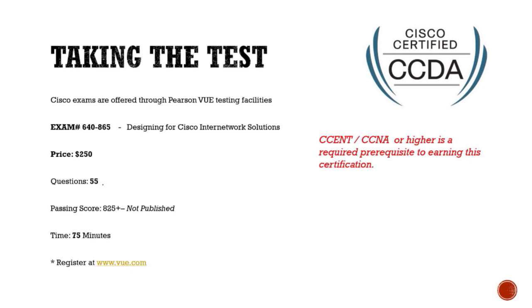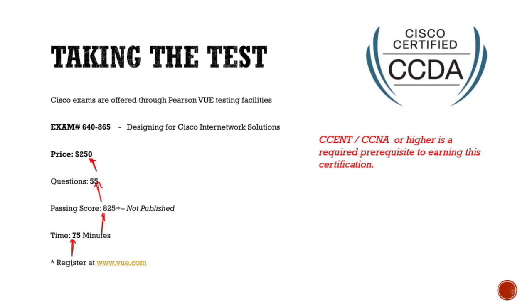All right, so the exams are offered through a Pearson VUE testing facility. This exam is $250. There are 55 questions, so I'm told. Again, I get this information off of Google. Cisco does not publish a lot of this information. They say that the passing score, and again, this is hearsay, is 825 plus, and you get about 75 minutes on the exam.